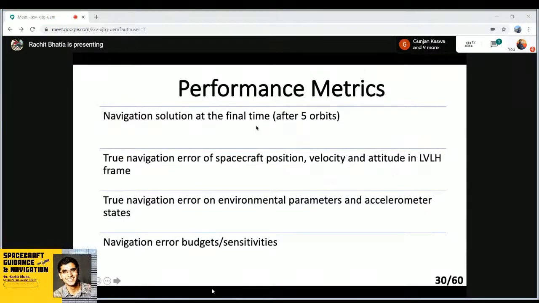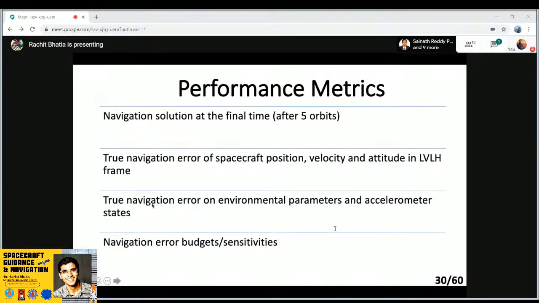What is the velocity error at the end of the 5 orbits? True navigation error is defined as the difference between the true and the filter uncertainty. We use that to know how the system is performing. And this is done in the local vertical, local horizontal frame. It is just a different frame of reference, easier to understand and visualize. That is why we use it.